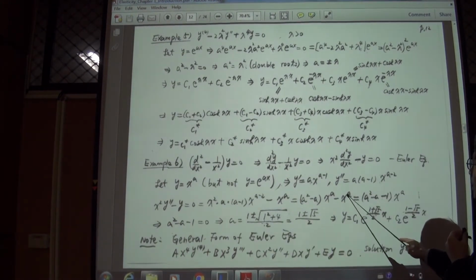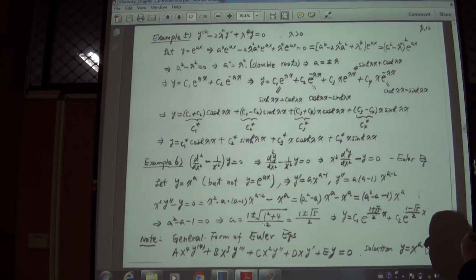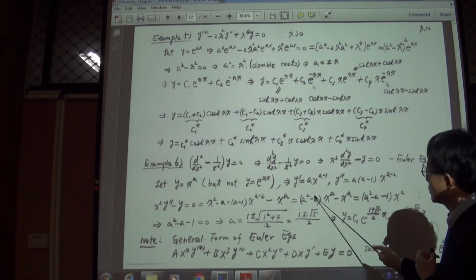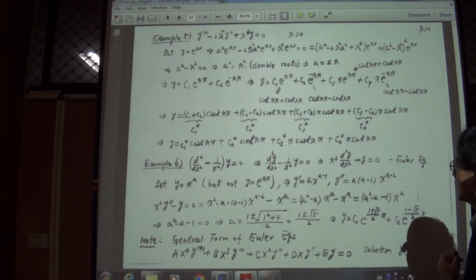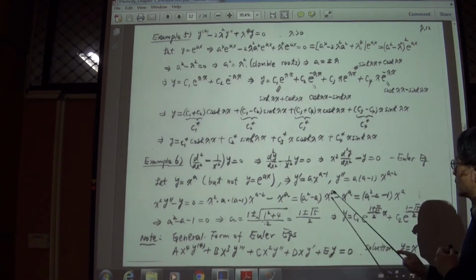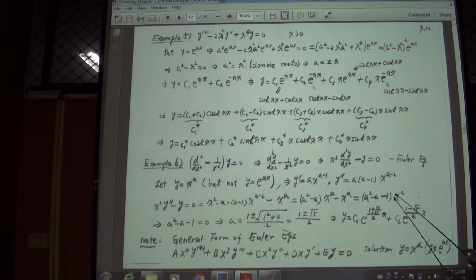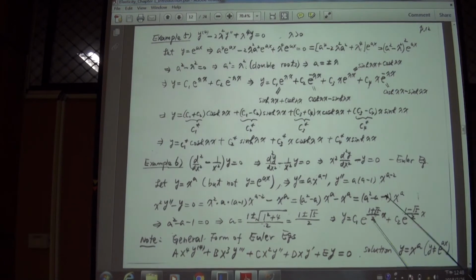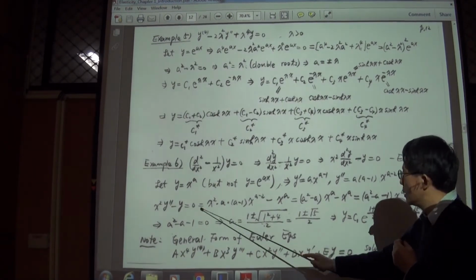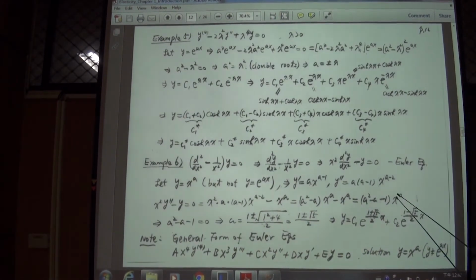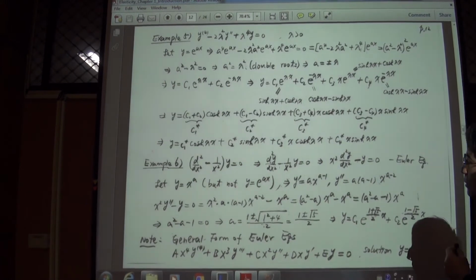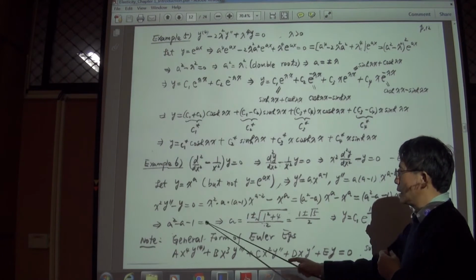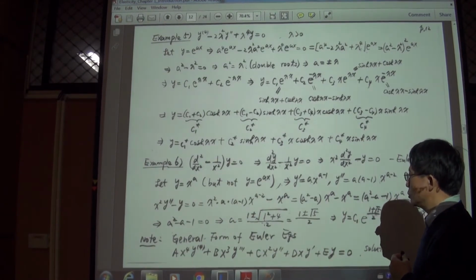So we take out the common term x^a here. Finally, we get this equation, which is equal to 0. But x^a is not equal to 0, so this one must be equal to 0. So we have this, and finally we solve this equation to get this solution.